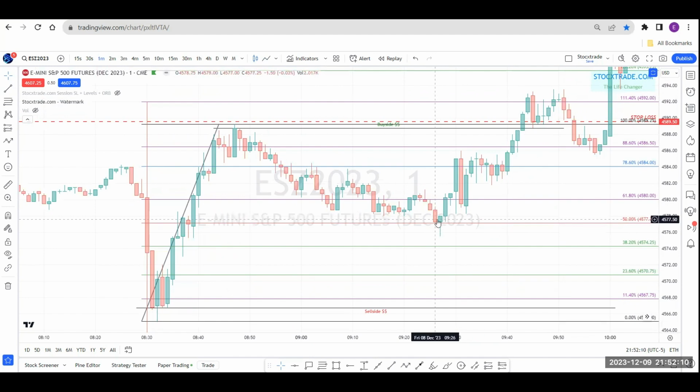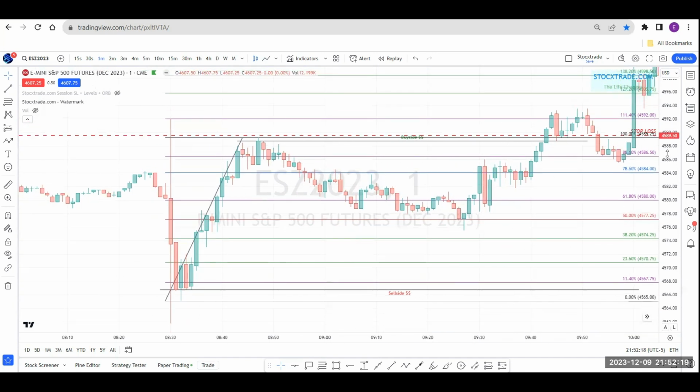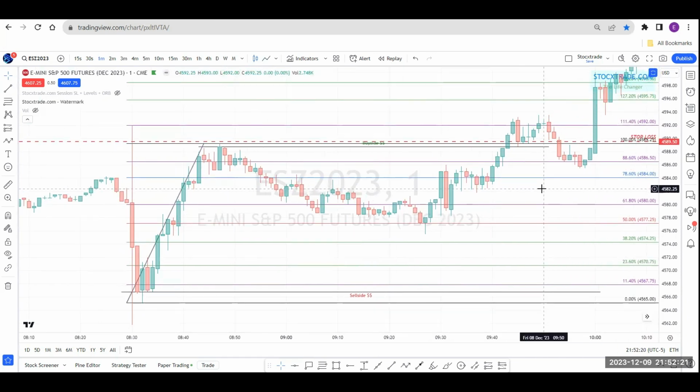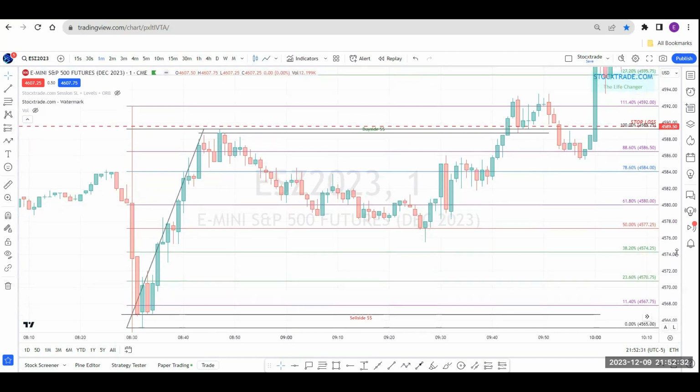I switched on my system around 8:30. My responsibility is to see my external liquidities, meaning the buy side and sell side. I see the market is coming down, so what will the market do?